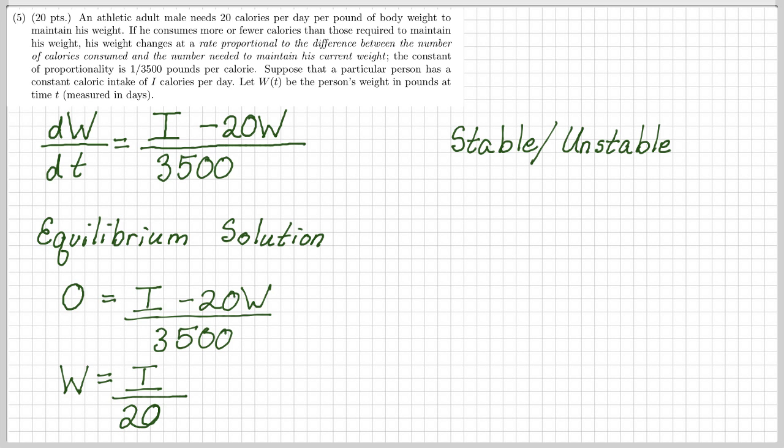And that's like my dream weight, but realistically, that's probably not possible. If this were an unstable equilibrium solution and I ate even one more calorie than I was supposed to, then my weight would shoot up towards infinity. And I have to eat a lot more calories than I'm supposed to to have my weight shoot up towards infinity. They would be delicious, but this is going to be a stable equilibrium solution as a result.